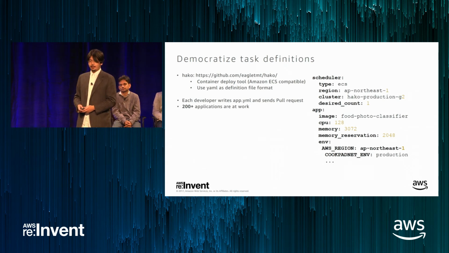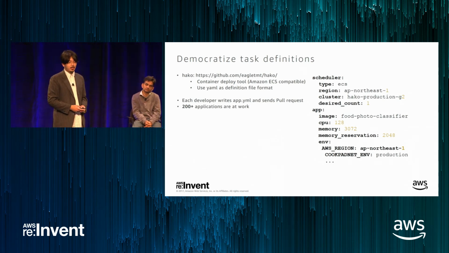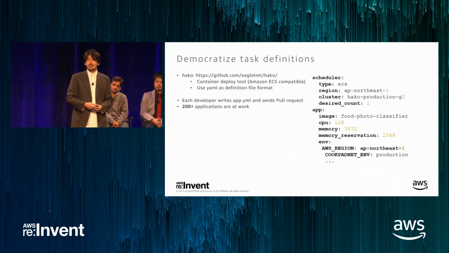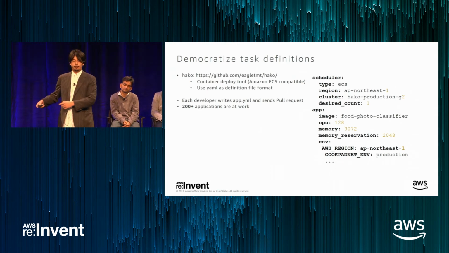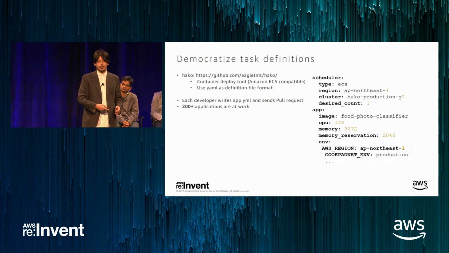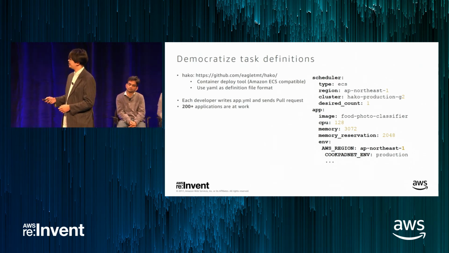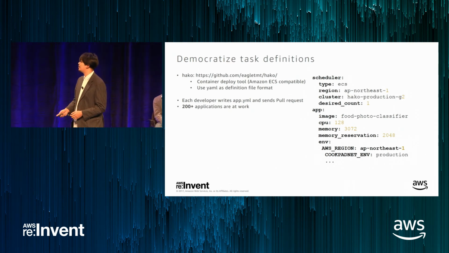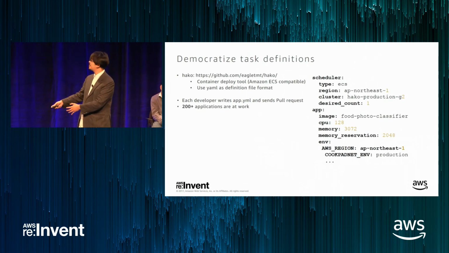There is an open source Ruby library called Hako, H-A-K-O, which was developed by one of our engineers. We utilize it to write the task definition in a YAML format file and manage it on version control systems. On the right-hand side, you can see an example of a Hako task definition file for ECS.